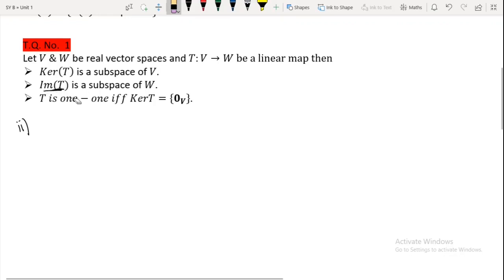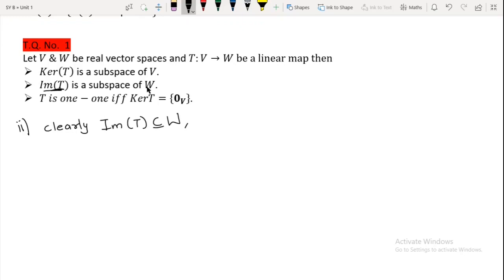Now we will show that image of T is a subspace of W. That is, image of T is non-empty, image of T is a subset of W, and further, image of T satisfies the conditions of subspaces. While discussing the definition of image of T, I have already told you that image of T is a subset of W. So clearly, image of T is a subset of W, right?